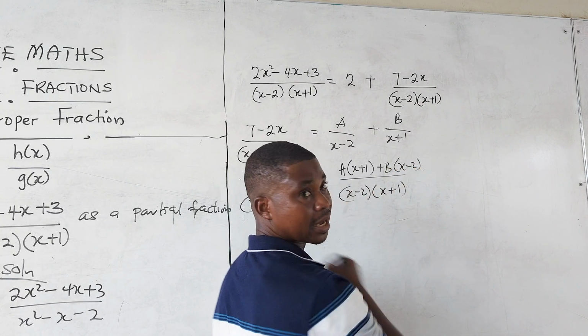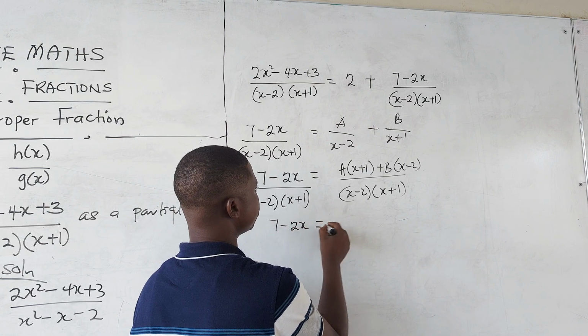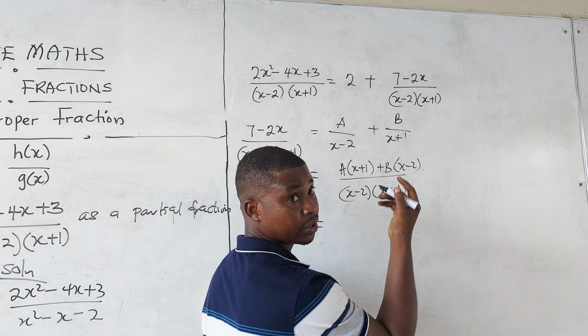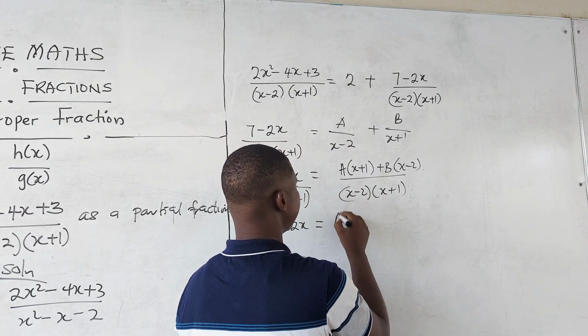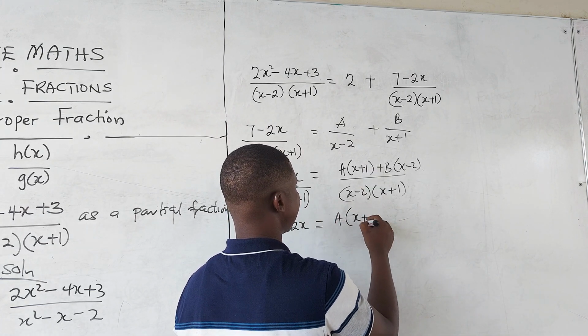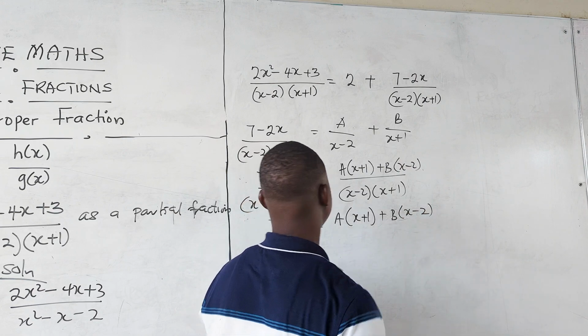So 7 minus 2x is equal to, or equivalent, since sometimes you can use them interchangeably, A times x plus 1 plus B times x minus 2.